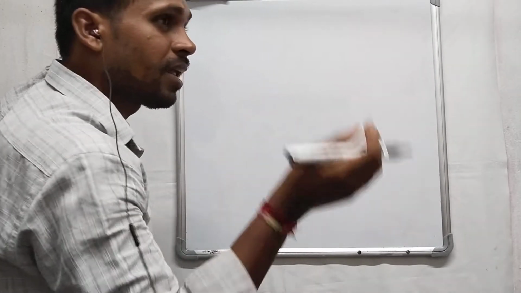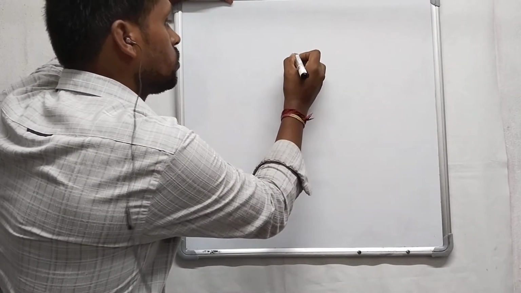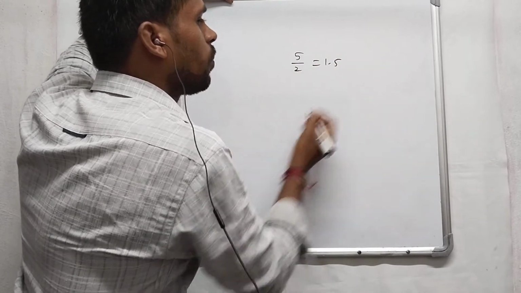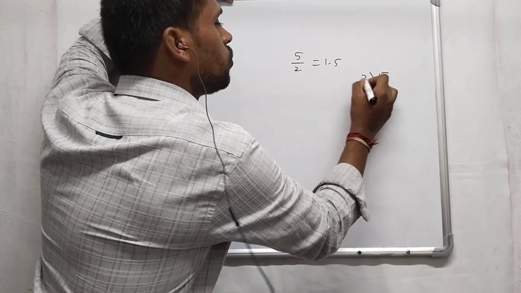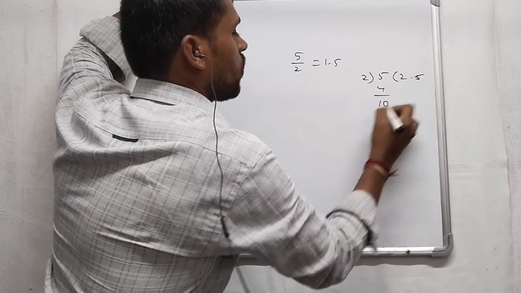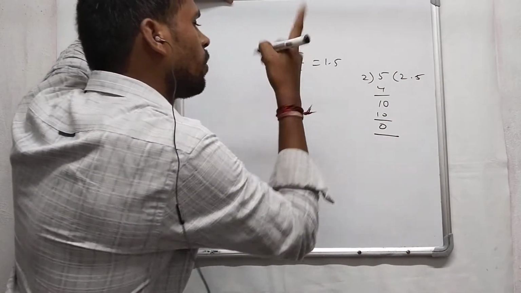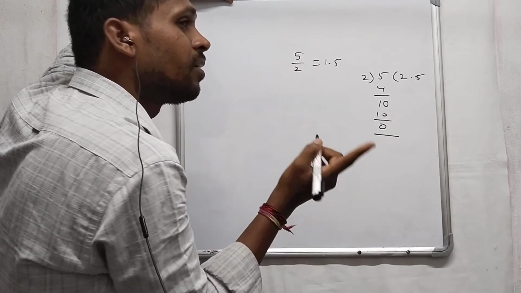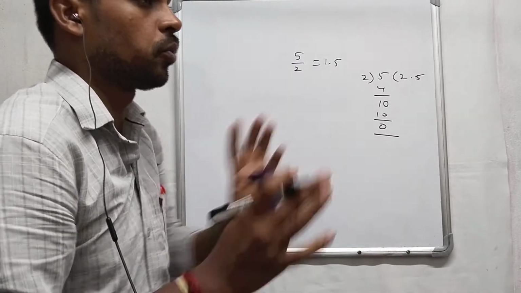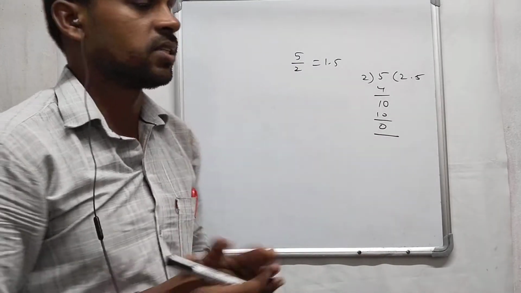Remainder 0 is a terminating number. For example, 1.5: divide with 2, 2 twos are 4, 1.0, 2 fives are 10. Remainder 0 means terminating. And the other one is non-terminating recurring, which is in the form of p by q only.